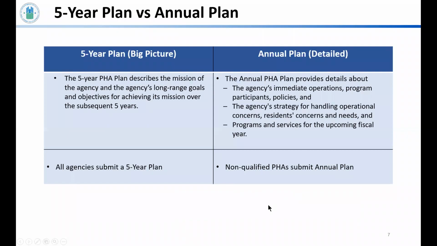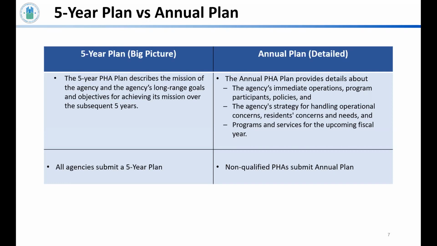As we said earlier, there's a 5-year plan and an annual plan. What we have here is a snapshot comparing both plans. As you can see, the annual plan is much more detailed than the 5-year plan. The annual plan captures the public housing agency's local policies for administration of its public housing and housing choice voucher programs.